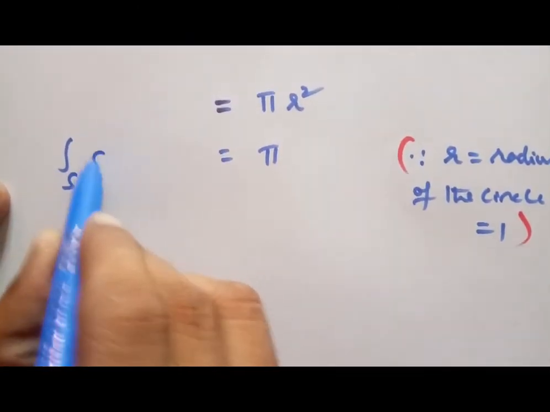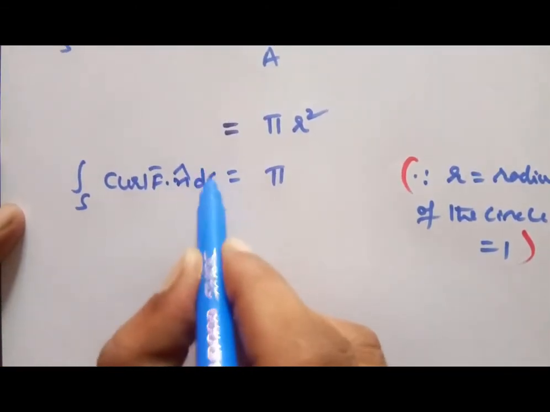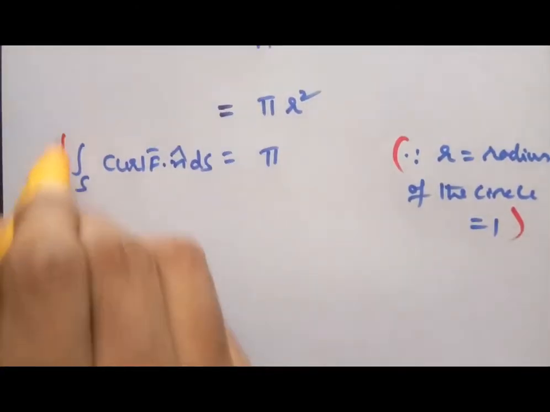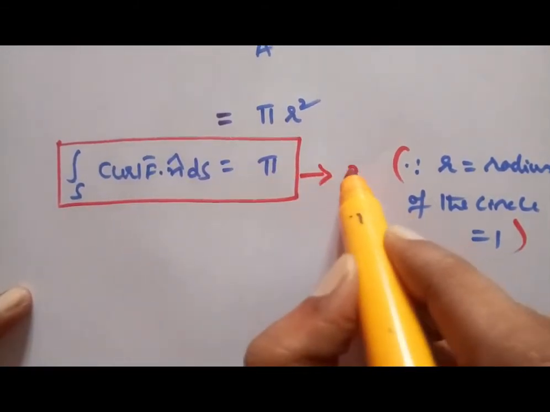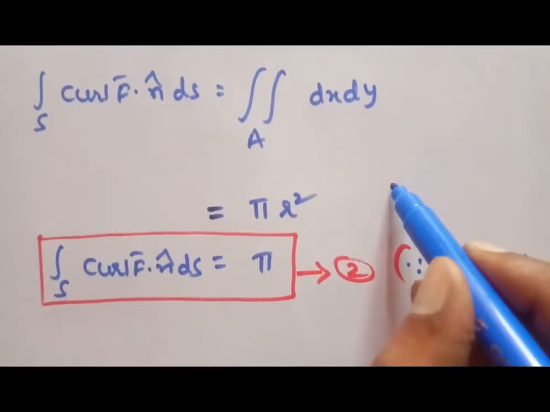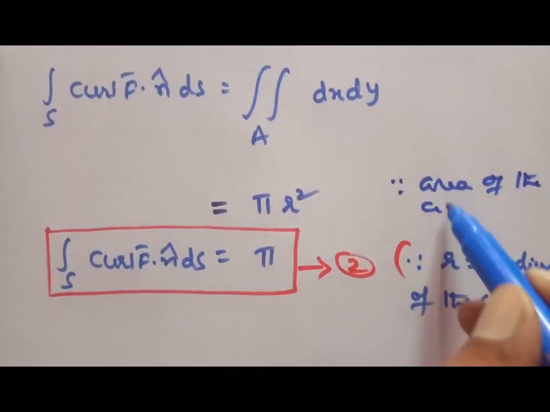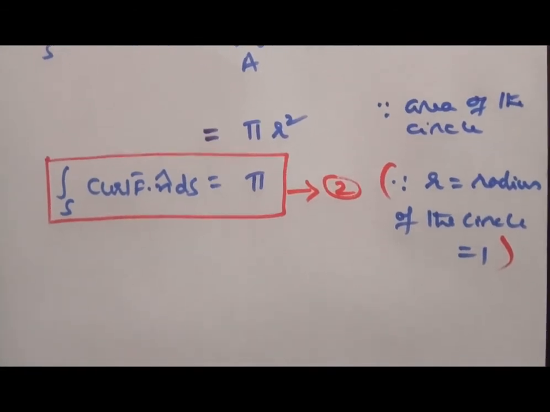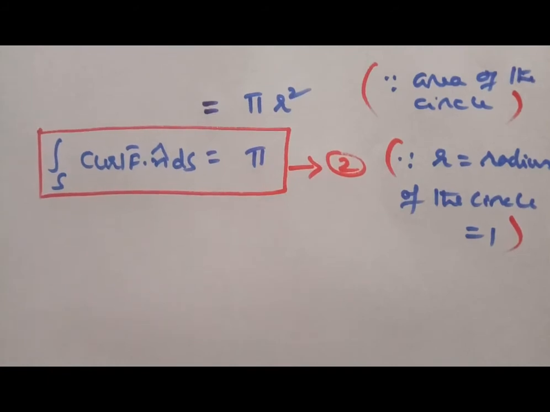Now the integral over S of curl F bar dot n cap ds, say this is equation number 2, is the area of the circle. Or otherwise this can also be evaluated by direct evaluation.